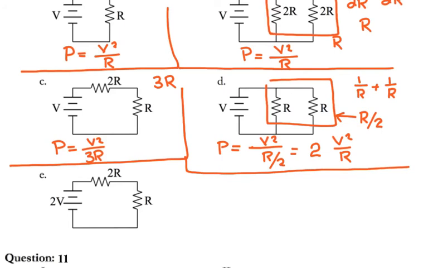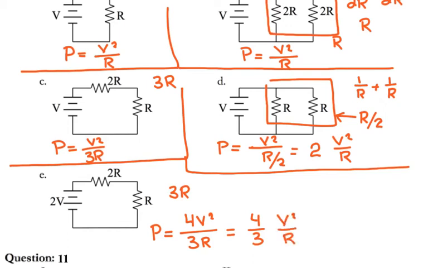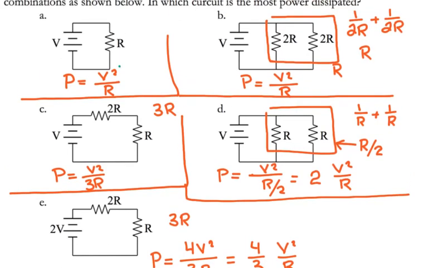And in this case, your total resistance is 3R, and the power is equal to V squared, which is 4V squared divided by 3R. So in this case, I have 4/3 V squared over R. So the two largest ones, so this one, this power is exactly the same as this power.